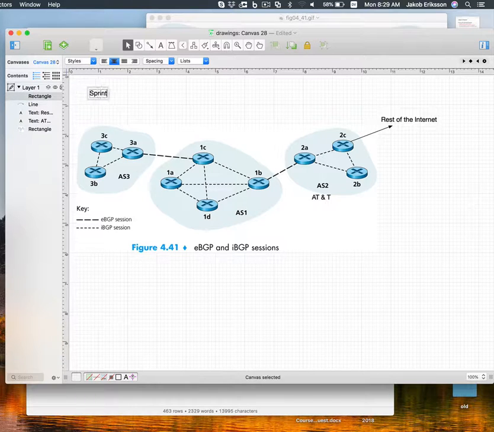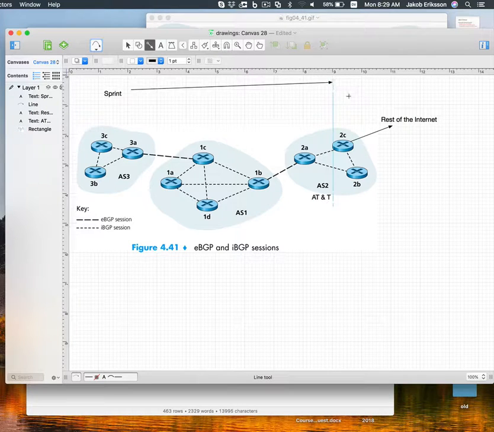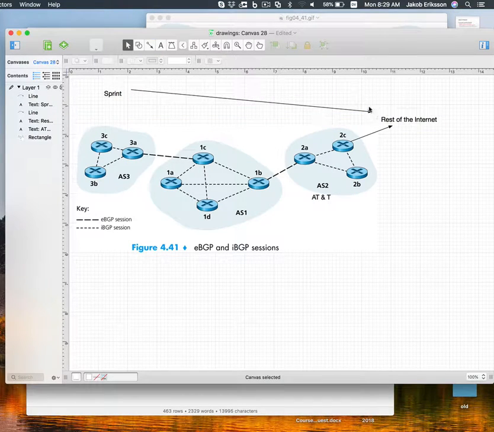Let's put Sprint. Sprint is another really large provider of internet services. Comcast is just more of a residential provider. So Sprint definitely also leads to the rest of the internet, and it definitely also has a direct link to AT&T. Prettify this a little bit.